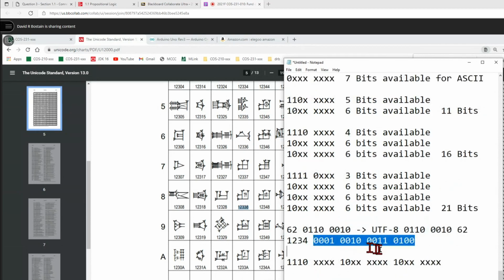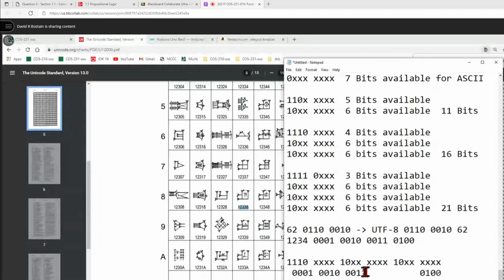Now we have to take this number and fill it into all the holes here. So starting at the right, that'll be underneath that. Those two will be there.